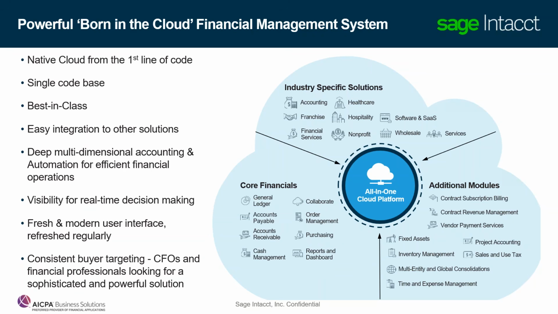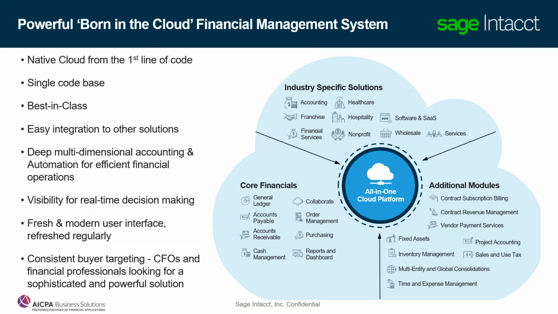Now, another difference in Sage Intacct with this best in class model is the way we were architected, knowing that we are going to be your financial solution. We know that there's other solutions you need in your organization, so we were architected to be a very easy solution to integrate to. On our Intacct marketplace, we have over 250 other best-in-class applications that we integrate with.